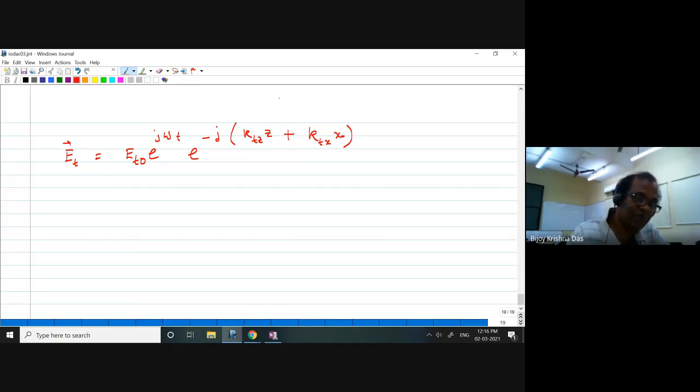That means I am just trying to write e to the power minus j k dot r. Right? Now k has two components. K will have ax ktx plus az ktz. It is in the xz plane, right?